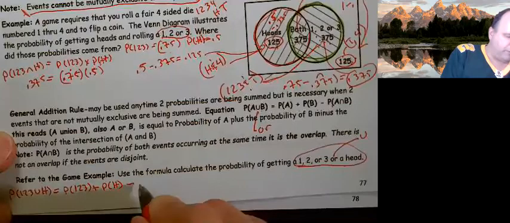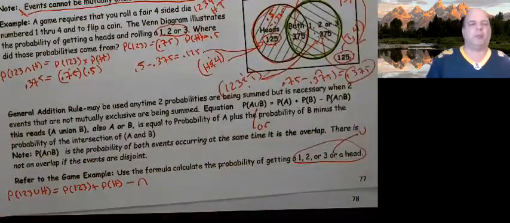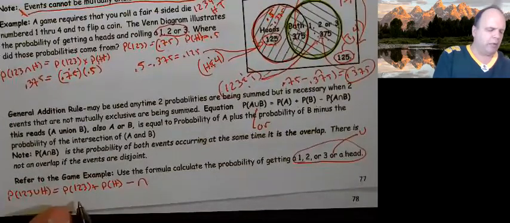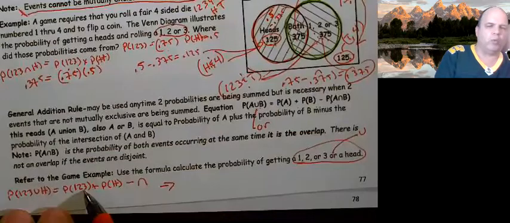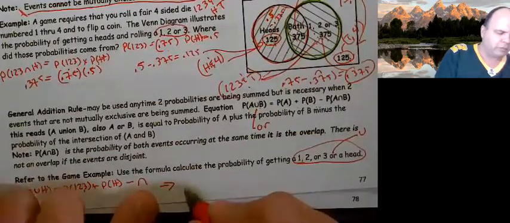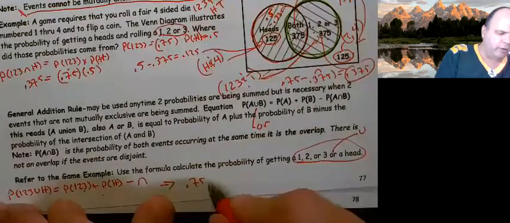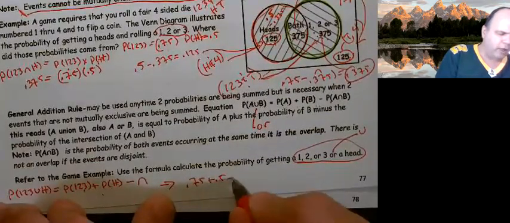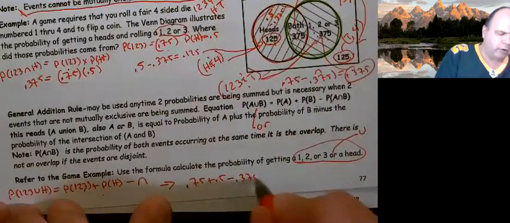And I'm just going to abbreviate and go minus the intersection. And we'll talk about the minus part in a second. Well, the probability of getting a 1, a 2, or 3 is 0.75. The probability of a heads is 0.5, minus the intersection, 0.375.